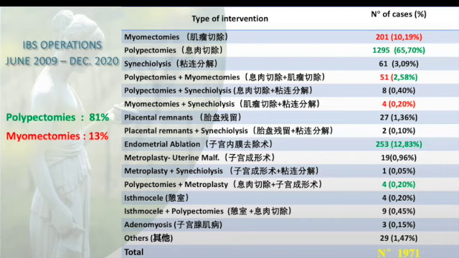The other indications are about 7%, which means that almost 90% of the cases can be done in a single step procedure without any problem with the shaver. Myomas are about 13% of all our cases done with the shaver.